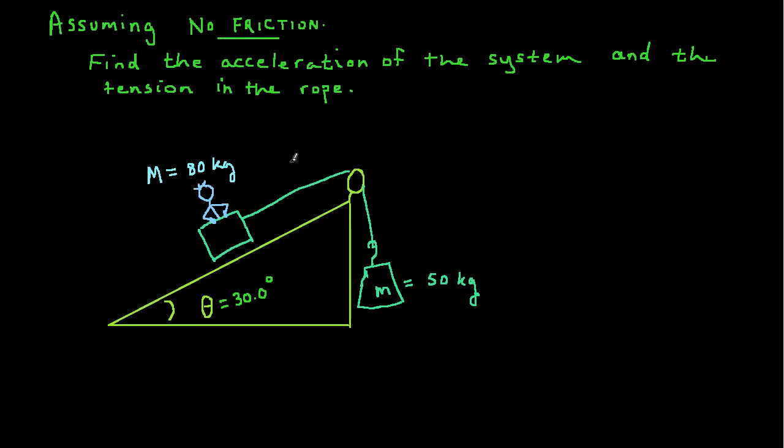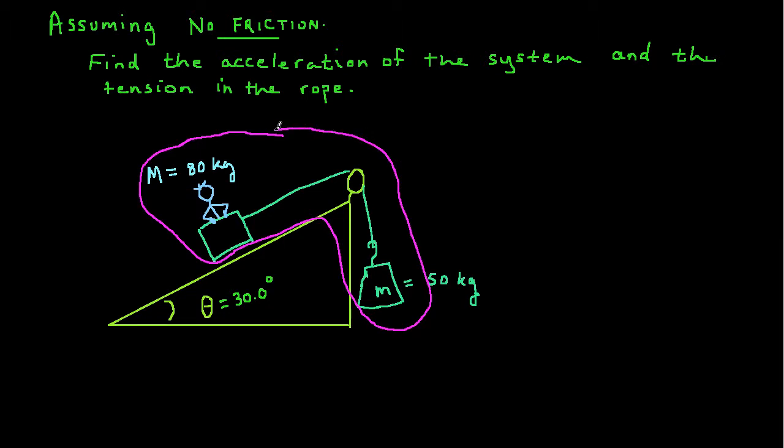Here is one way that we can approach this. It's pretty simple. There are other ways that are a little bit more complicated. What we do is draw an imaginary bubble around both of the objects like this, and we think of this as being one rigid object.